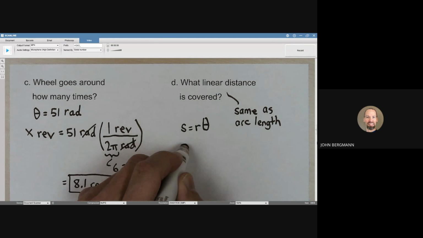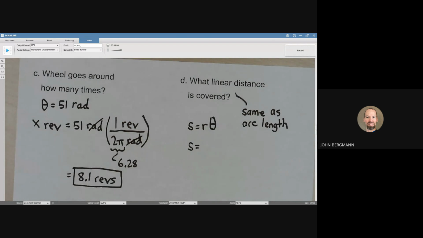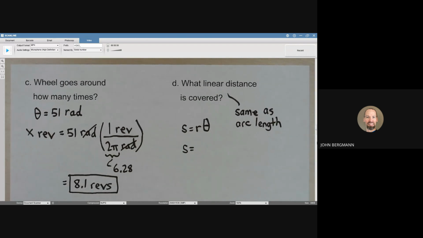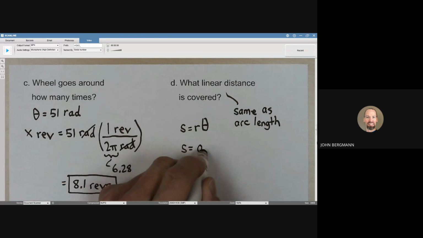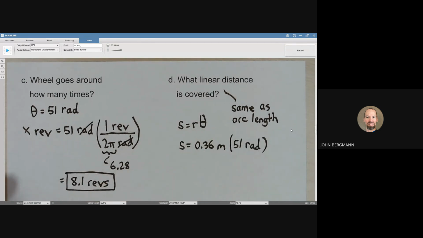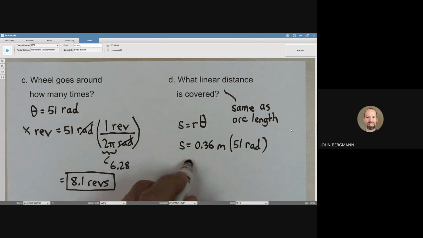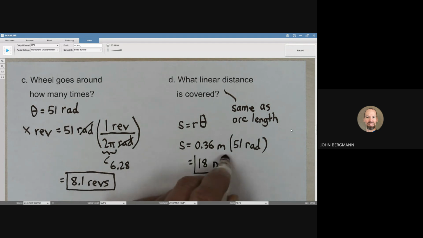So the distance that we want is the radius of this wheel, which you might remember was given as 0.36 meters. And then we want theta. Theta has to be in radians, and so we're going to want to use this number right here, 51 radians. We're not going to use the 8.1 revolutions. And when we calculate that, we're going to get, to 2 significant figures, which is what everything was given as, 18 meters.